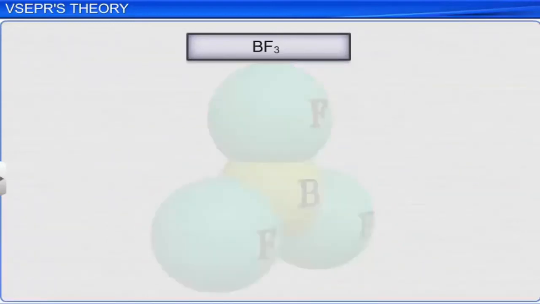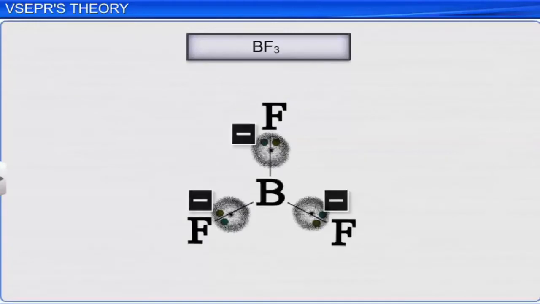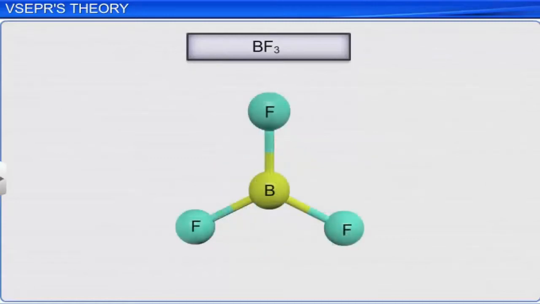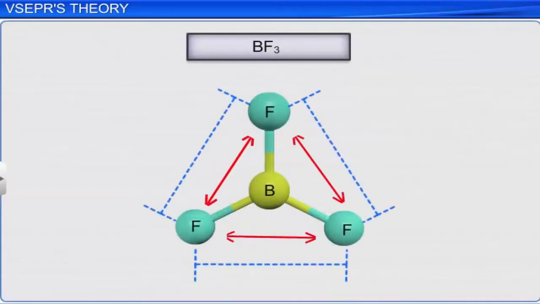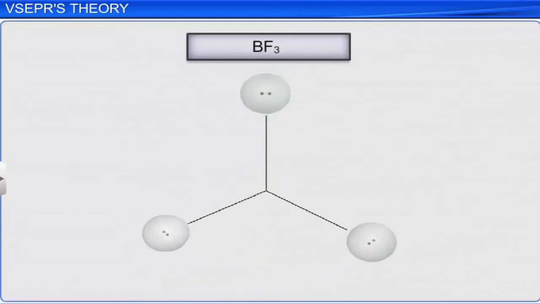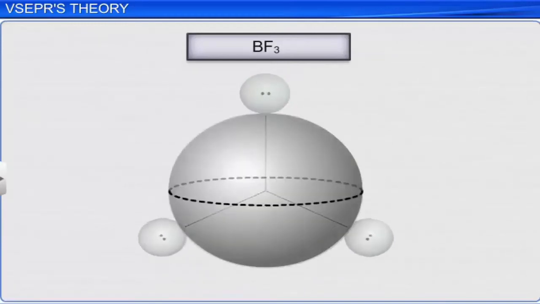As the electron pair is a negatively charged cloud, the bonded atoms move apart to minimize repulsions between the electron pairs. To minimize the repulsion, the distance between the atoms has to be maximum. To attain the maximum distance between the bonded atoms, imagine the valence shell to be a sphere and the electron pairs located on its surface at maximum distance from each other.